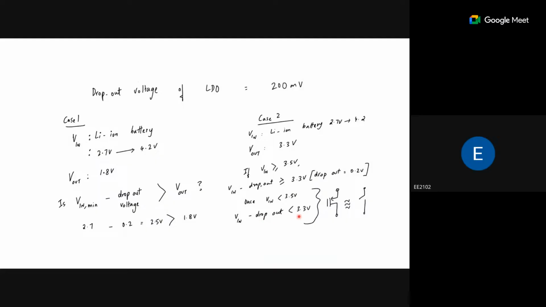If you get less than 3.3 volt, then it is acting as a switch. Are you following me?